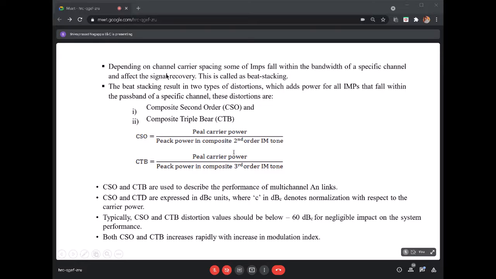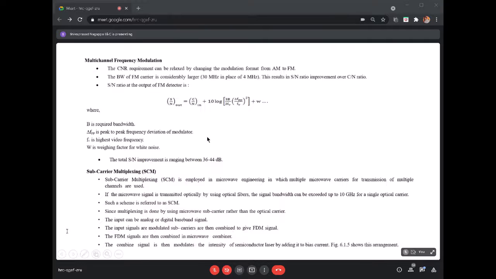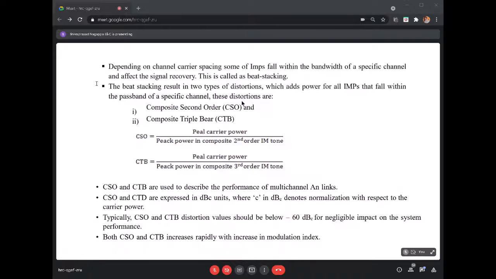What are the two types of distortion? One is composite second order, and the other one is composite triple beat. Composite second order is CSO, and as the name itself says, it is second order. I have taken this directly from some source. It is the peak carrier power divided by the peak power in composite second order IM terms.